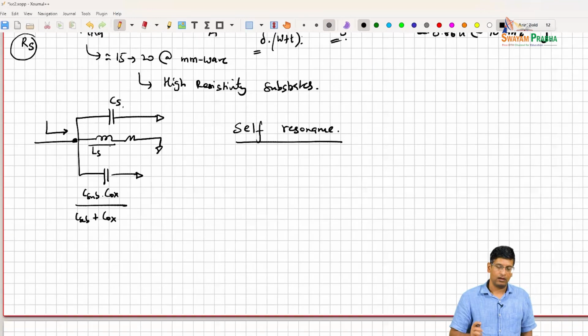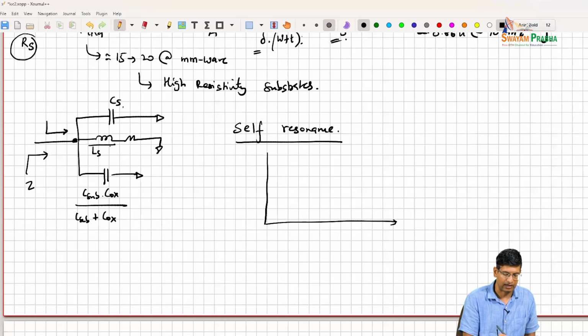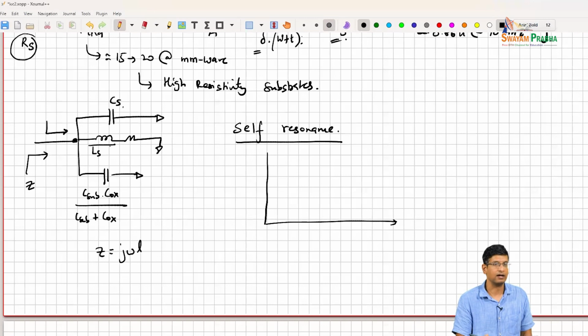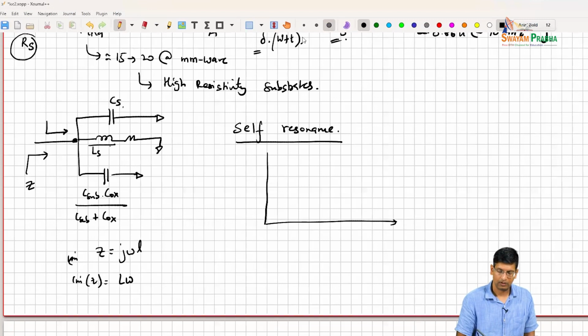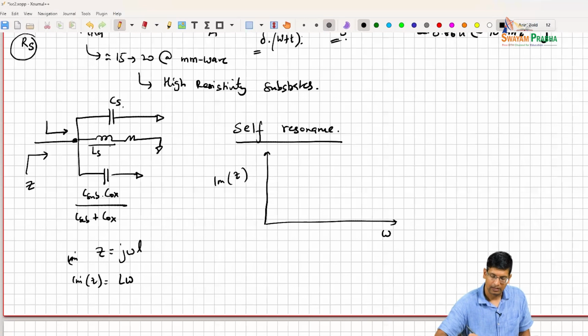If I look into this and try to see the Z that I would see, if I didn't have anything, I would see a Z of j omega L. So if I plotted the imaginary part of Z, I would see something like this.